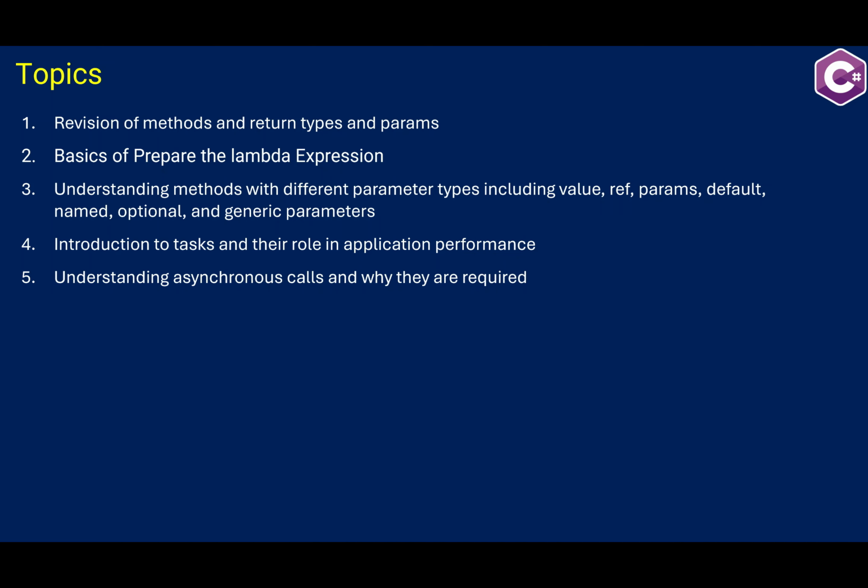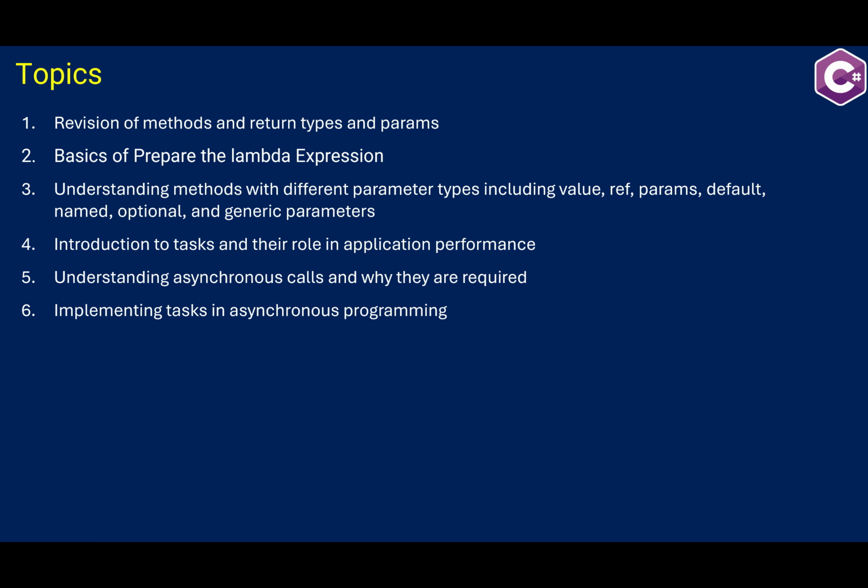This is a very important concept. By using this concept, we can make sure that we trigger all the methods at the same time. So this proves that we will increase the performance of our application, and then we will prepare the asynchronous call along with the async and await keywords.